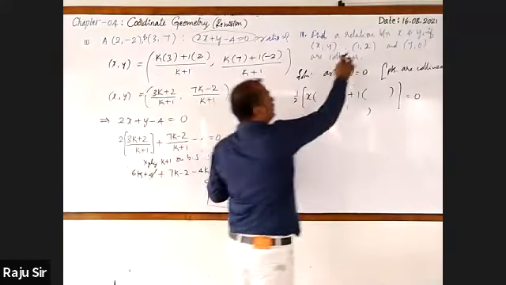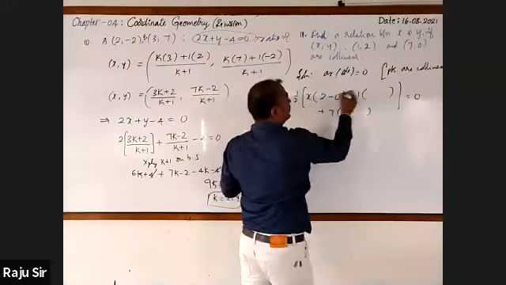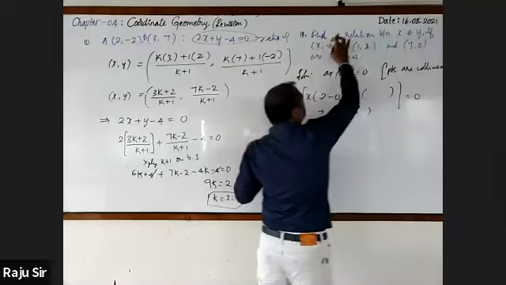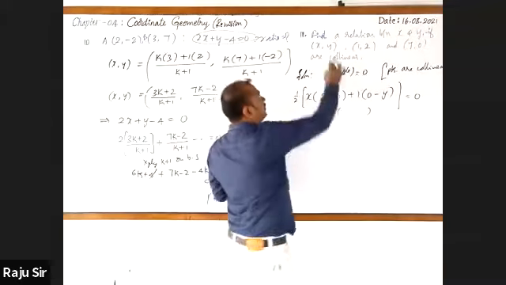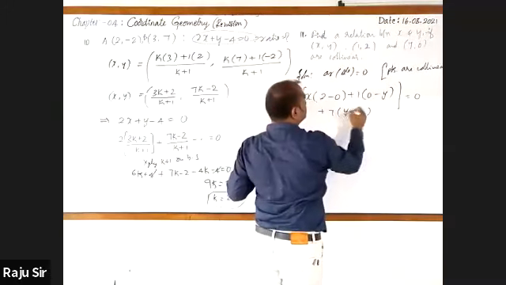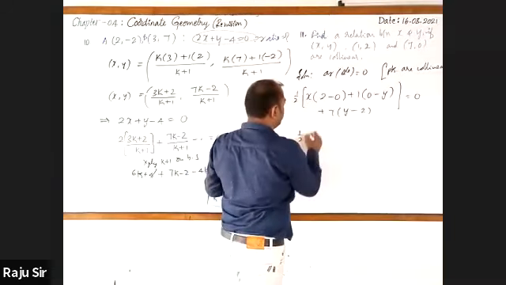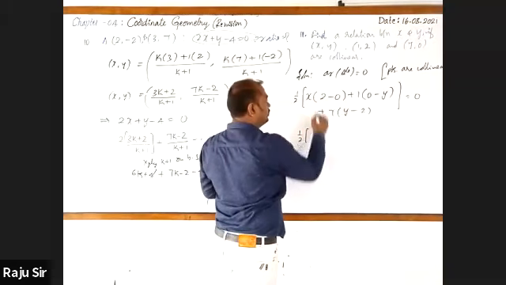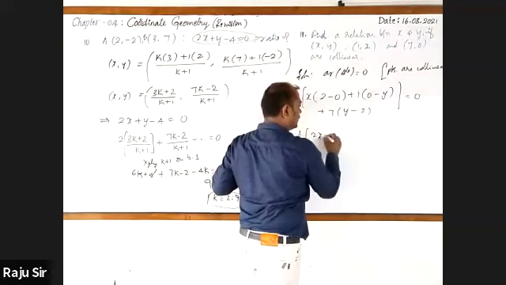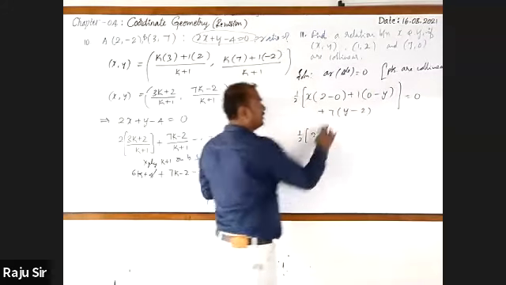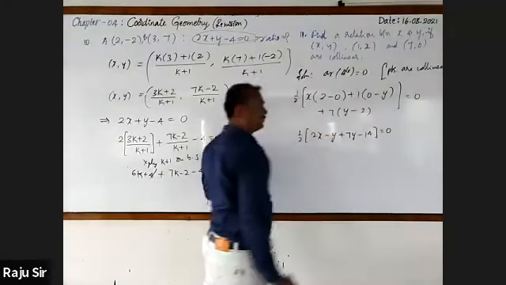Next, y2 minus y3 is 2 minus 0. Then y3 minus y1 is 0 minus y. y1 minus y2 is y minus 2. It is half into 2 minus 0, 2 into x is 2x, then 0 minus y, and multiply, 7y minus 14, equal to 0.